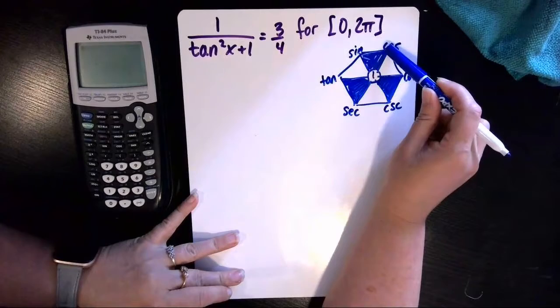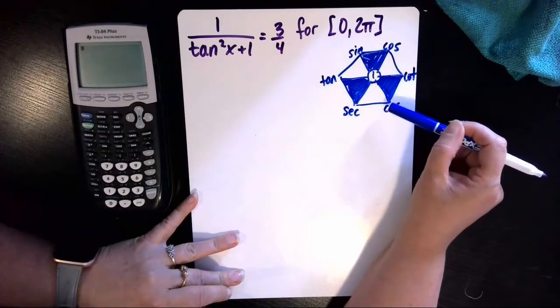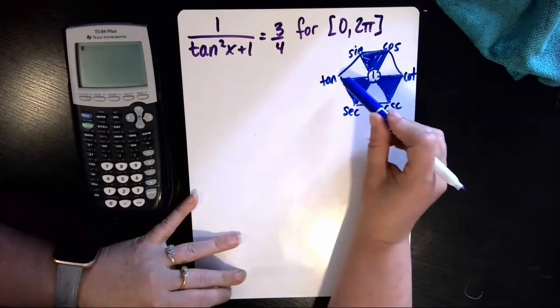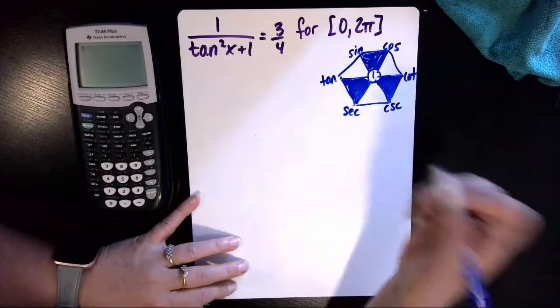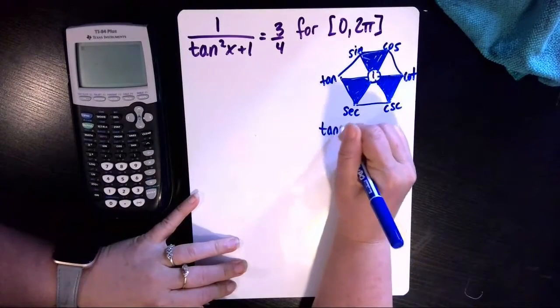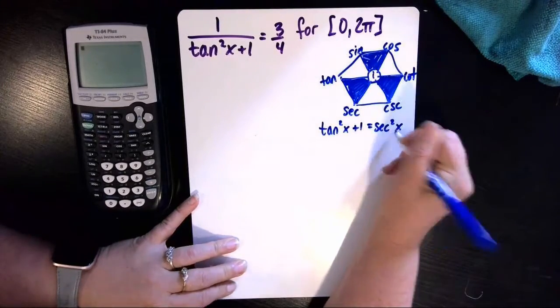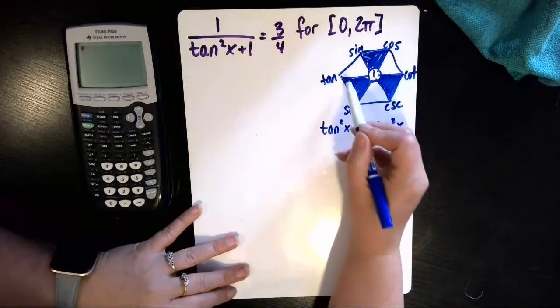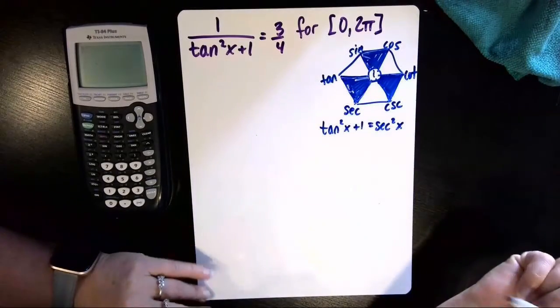So sine squared plus cosine squared equals 1. 1 plus cotangent squared equals cosecant squared. And then the one that we're going to use, tangent squared plus 1 equals secant squared. So tangent squared x plus 1 equals secant squared x. That's the Pythagorean identity from this triangle right here on our trig identity hexagon.